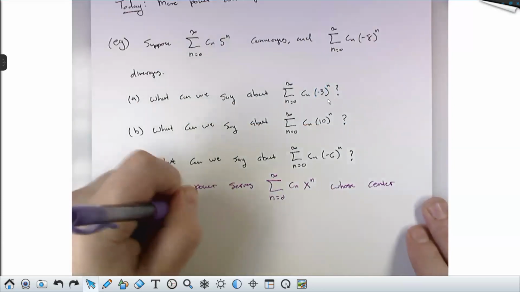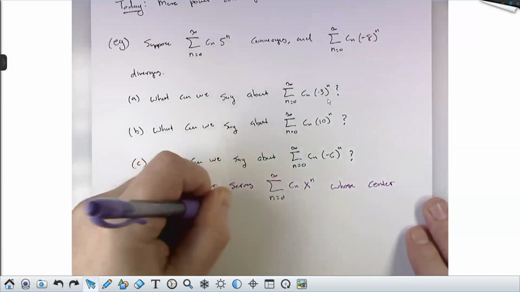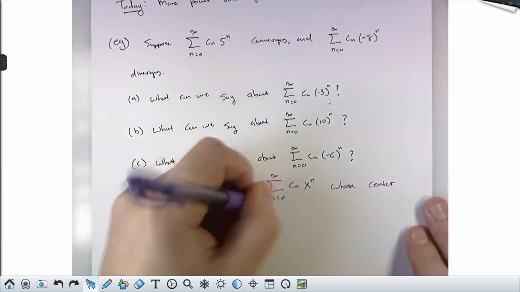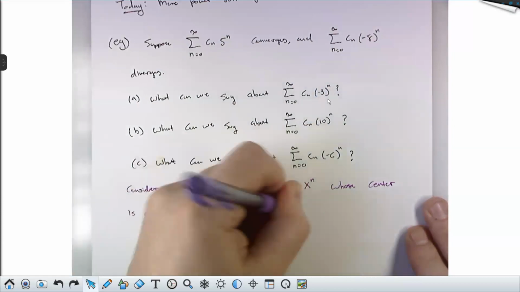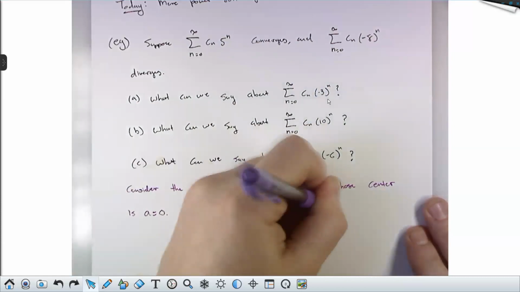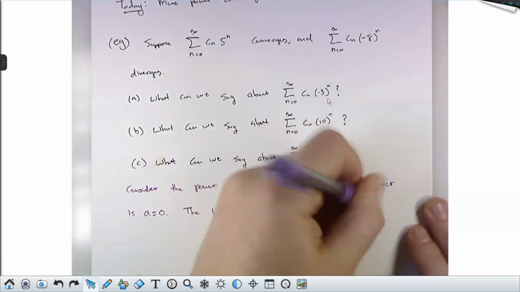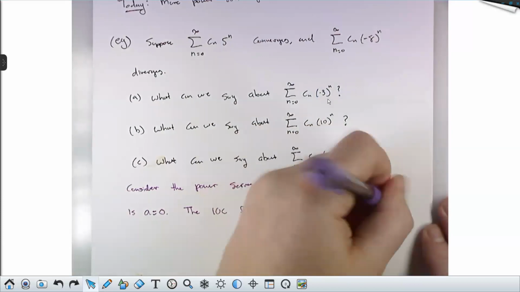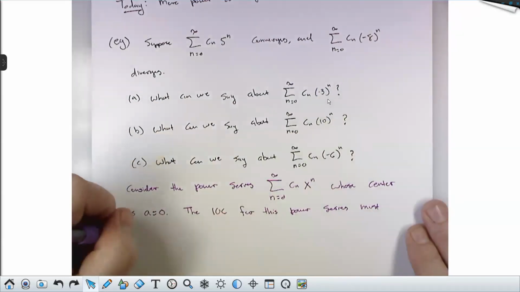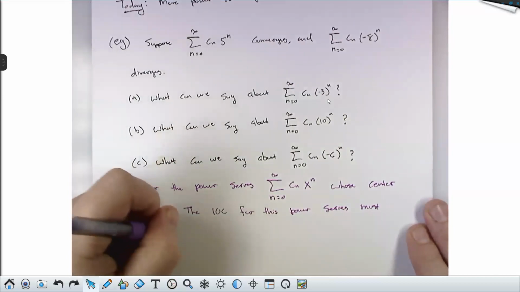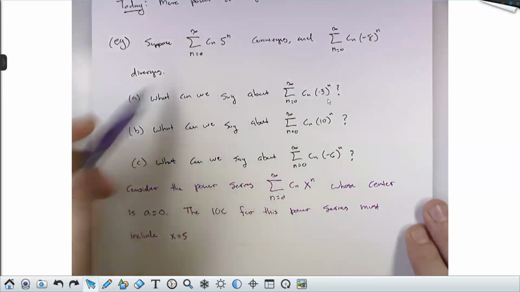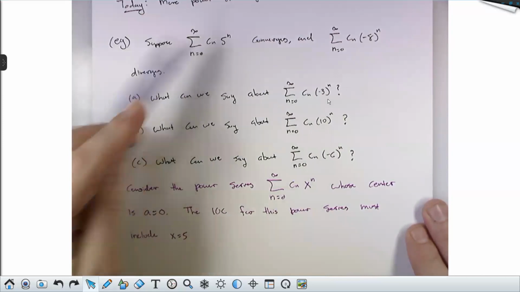So the IOC for this power series must include 5, because I'm told that this series converges.